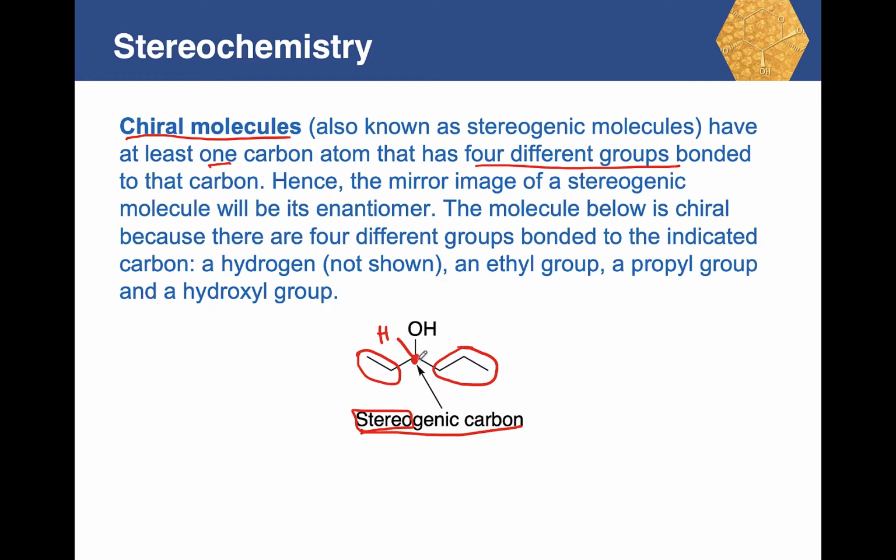So this carbon is known as a stereogenic carbon because it has 4 different groups bonded to that carbon. This molecule, its mirror image will be different from this molecule. So therefore its mirror image will be its enantiomer. Let's look at the next slide and see.